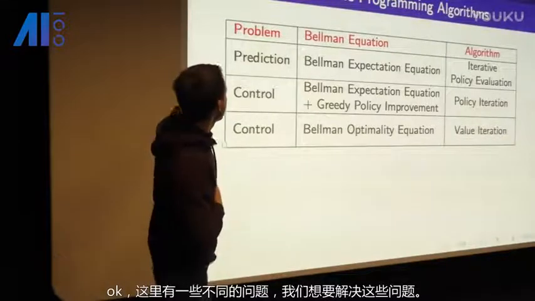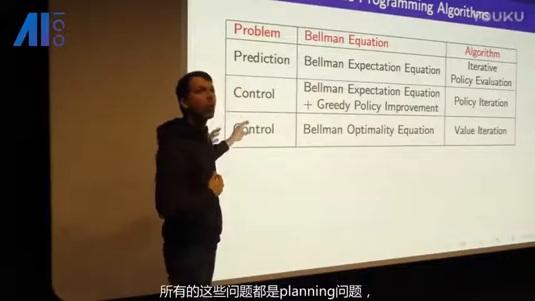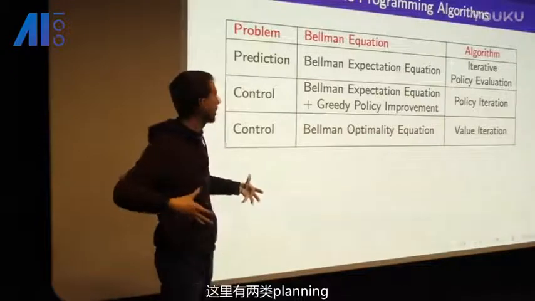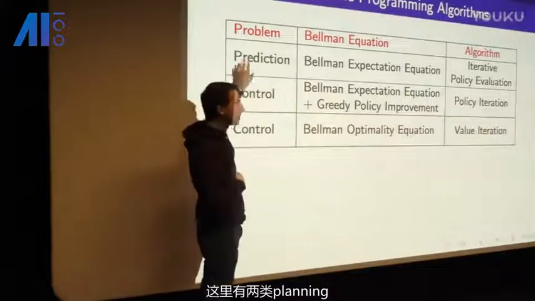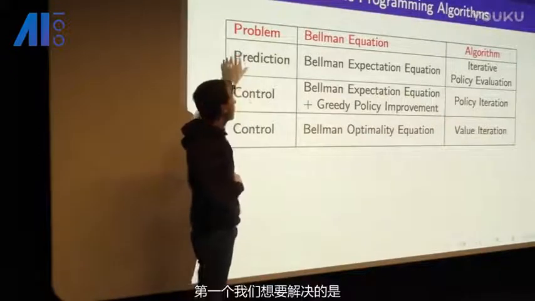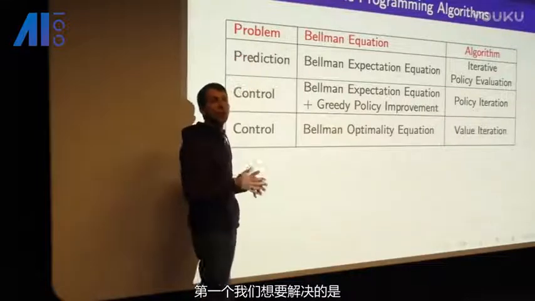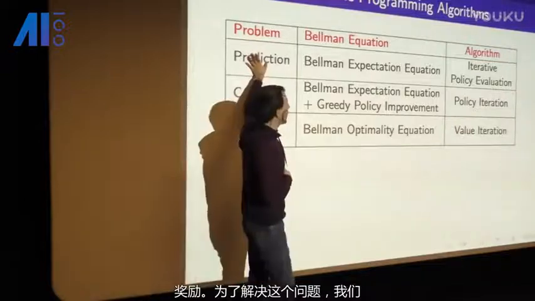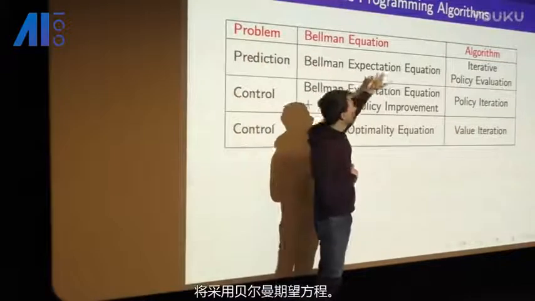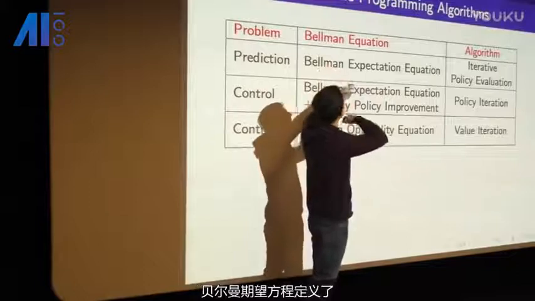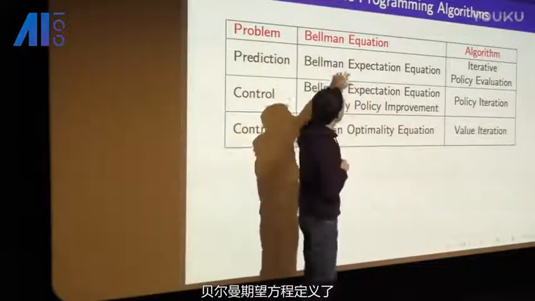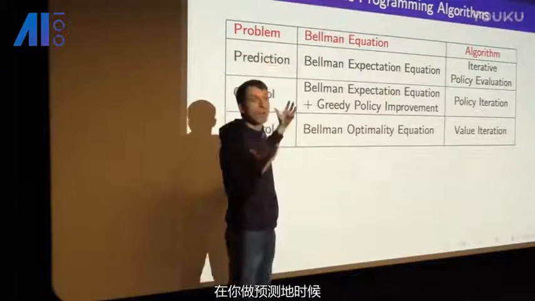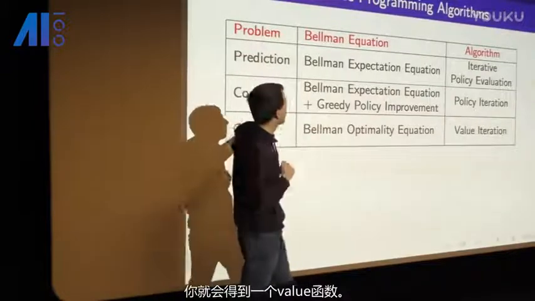Okay. So there are different problems that we're trying to solve. All of these are planning problems. In all cases, the MDP is given, and we're just trying to solve for that MDP. But there are two types of planning problem: prediction and control. In the first case, we're trying to say how much reward you get from some given policy. To figure that out, we use the Bellman expectation equation, which defines what it means to have a value function when you're doing prediction.